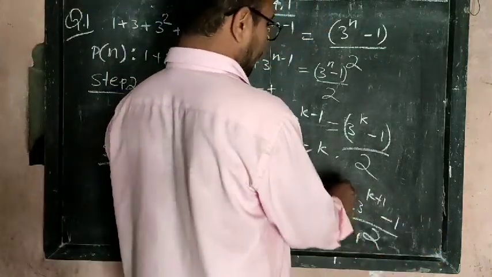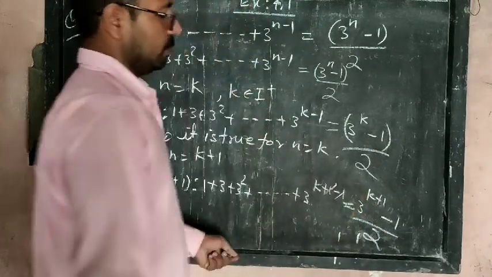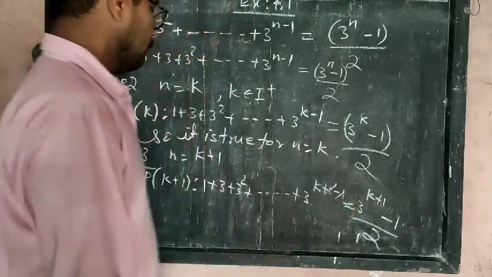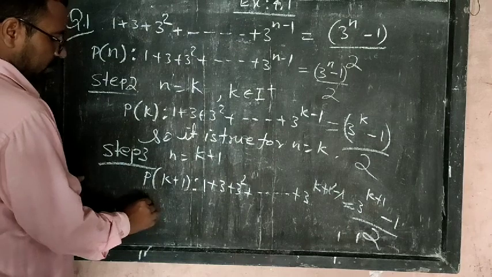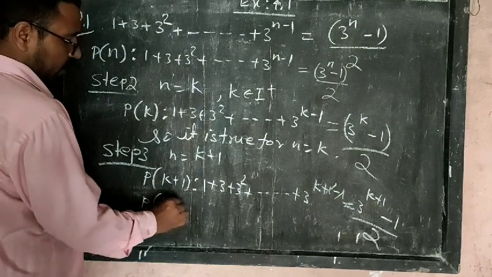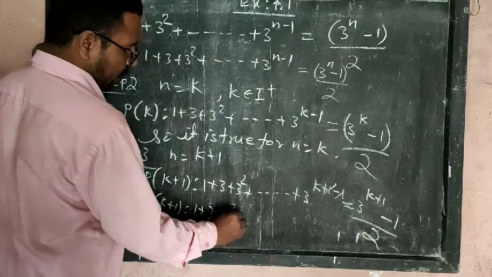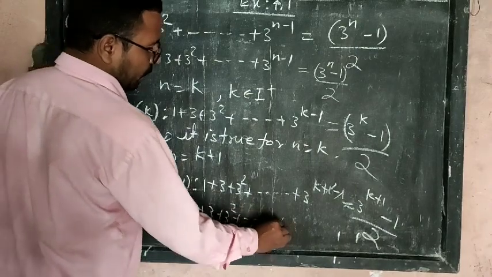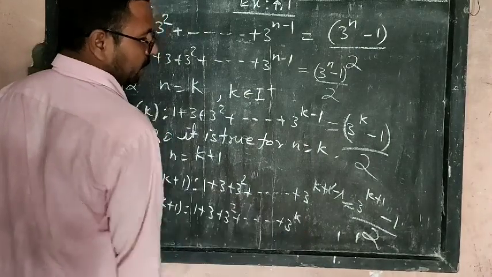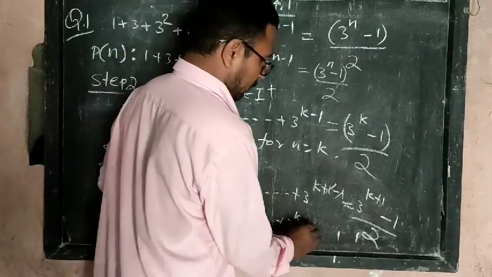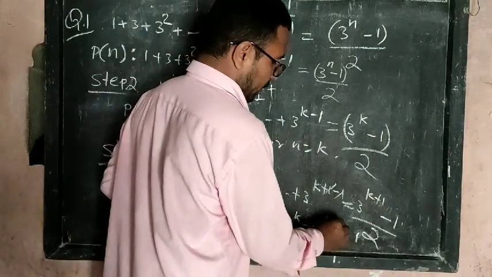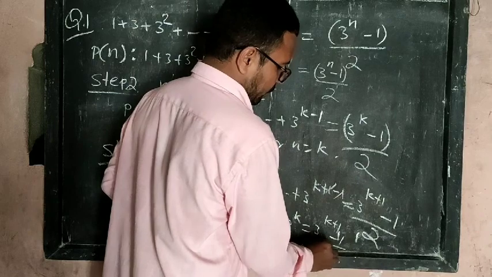So this k plus 1, that means plus 1 minus 1 can be cancelled. Whatever we are getting here, P(k+1) such that 1 plus 3 plus 3 square plus ... plus 3 to the power k is equal to 3 to the power k plus 1 minus 1 by 2.